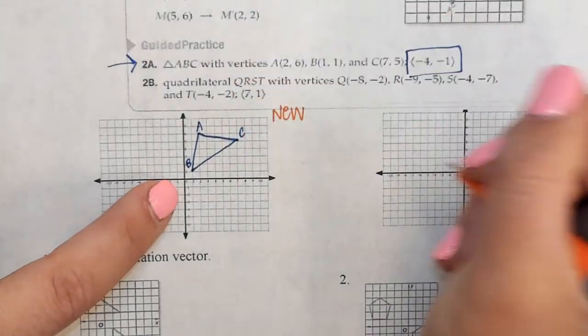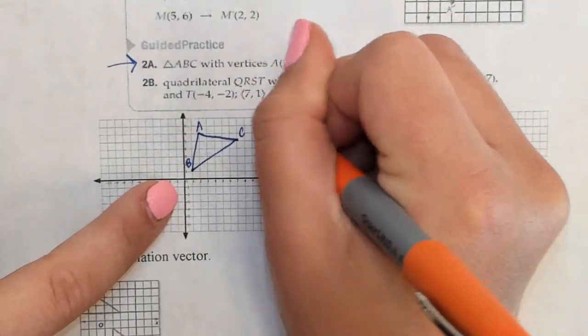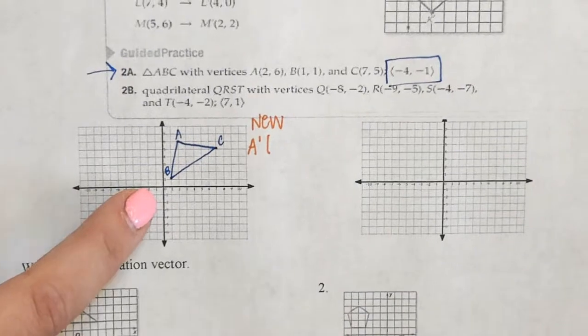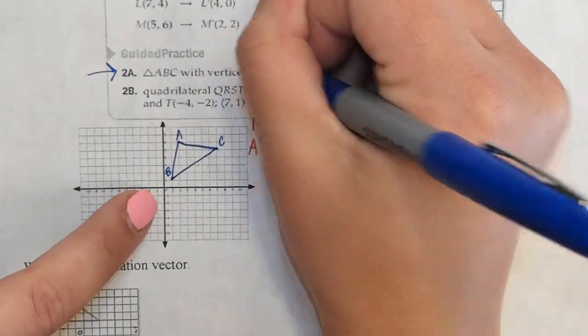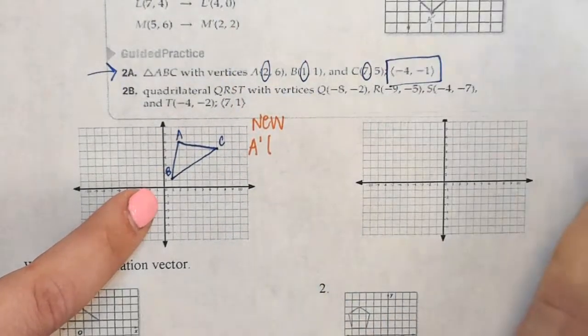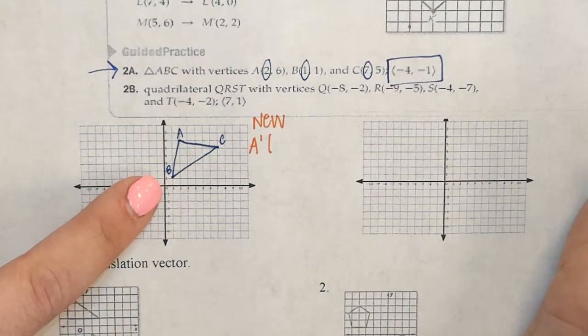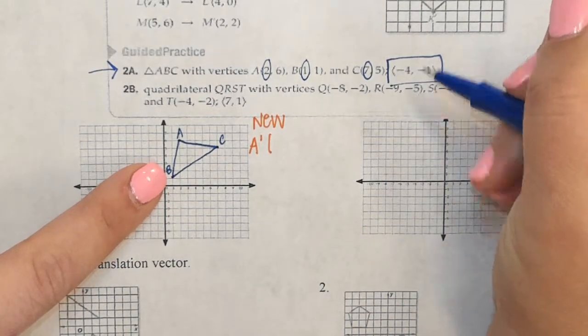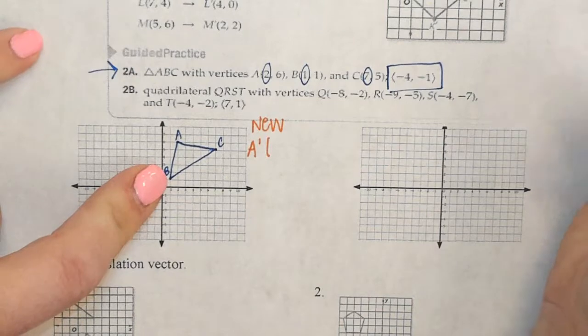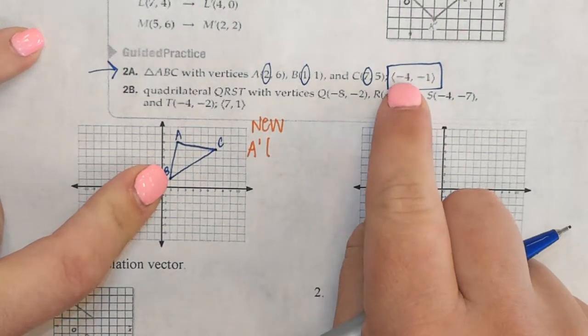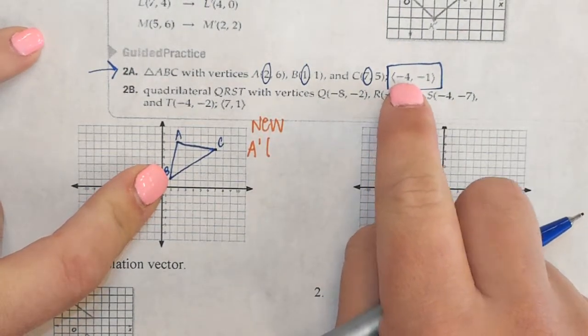So here's our new. A becomes A prime. So I'm going to circle all of my x's. To get to the new point, what do I have to do to all of those? What's this say? You subtract 4.